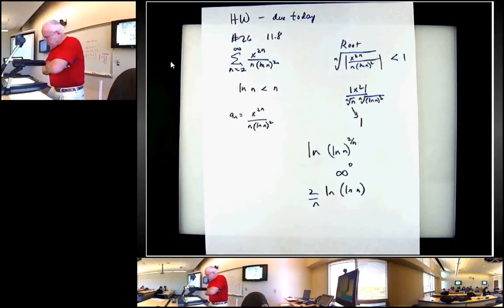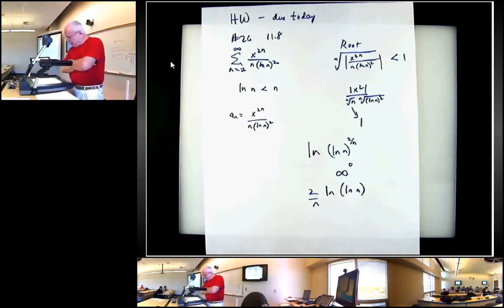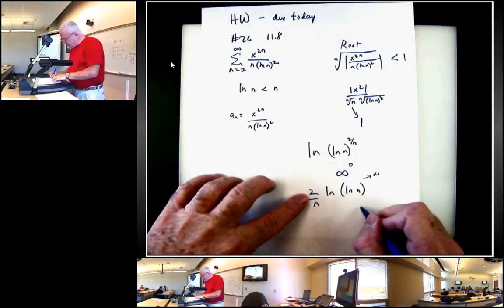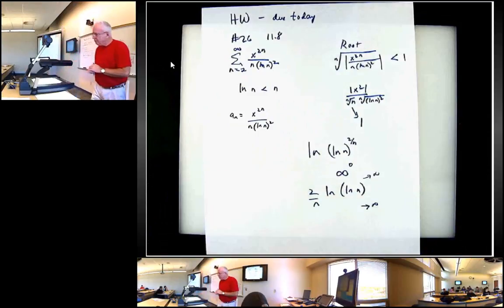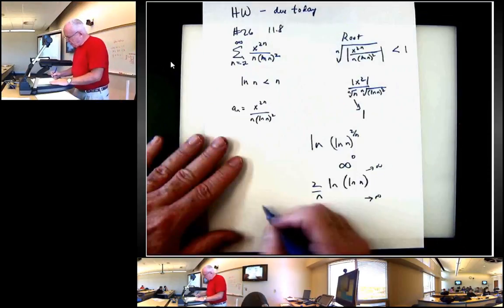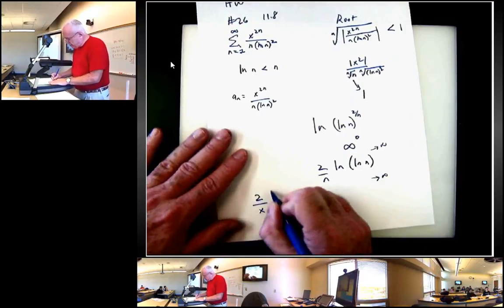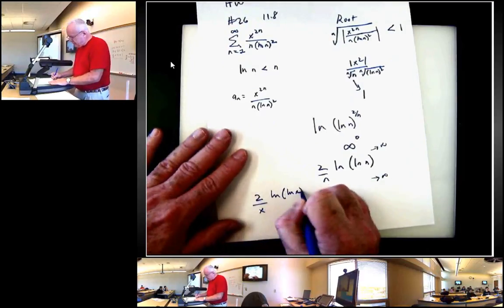And then, let's see, this is going to go to infinity, that's going to go to infinity. So we have 2 over x times the ln of x. That's what we're dealing with.